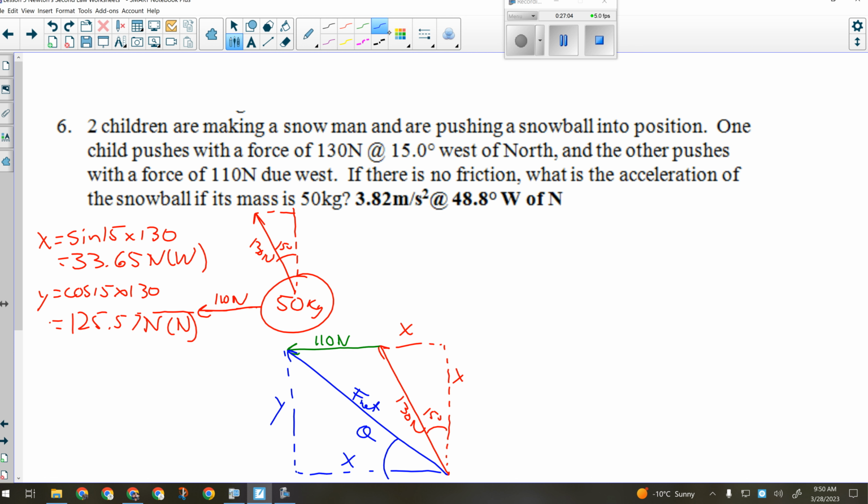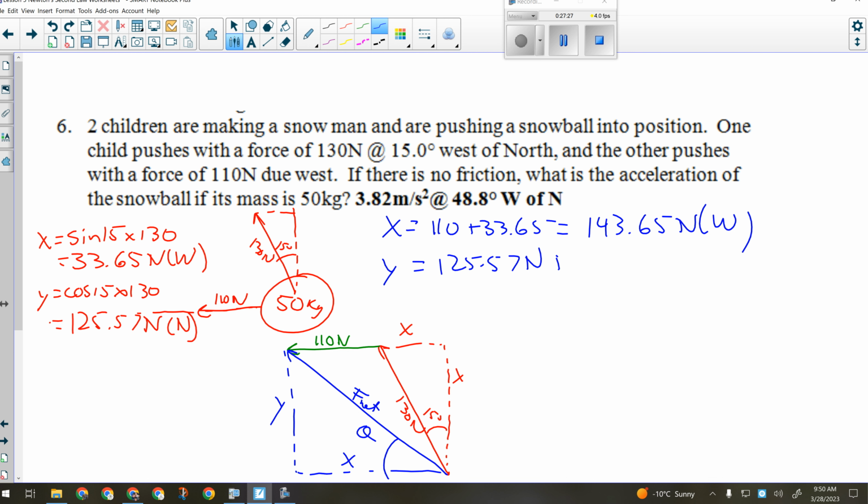Now we can get our resultant's x. Our resultant's x is going to be 110 plus our 33.65. So 143.65 newtons west for blue x. And blue y is just going to be 125.57 newtons north.